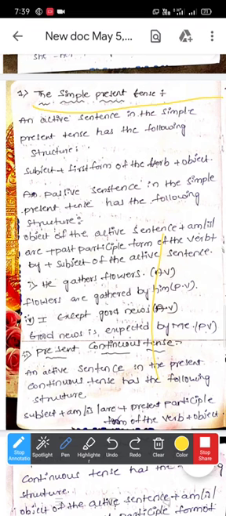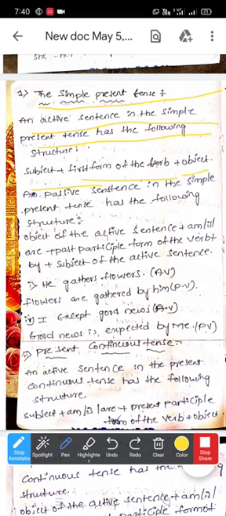First we have to know about tenses, then we can understand active voice and passive voice easily. The structure in the simple present tense, active voice: subject, first form of the verb, then object.